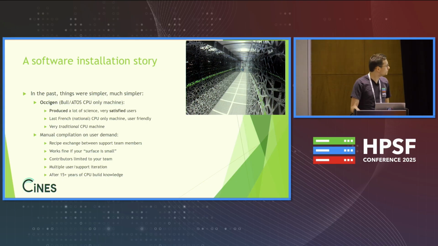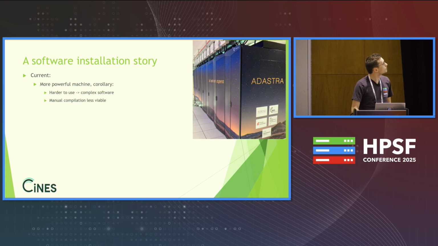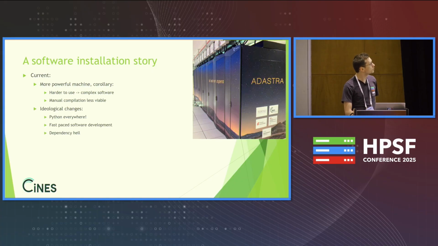Unfortunately, if we go back to the current world, we get more powerful machines, which are also getting more complex, and software is also getting more complex, so manual compilation is less viable. So we needed to change.